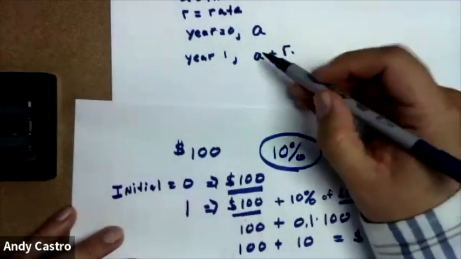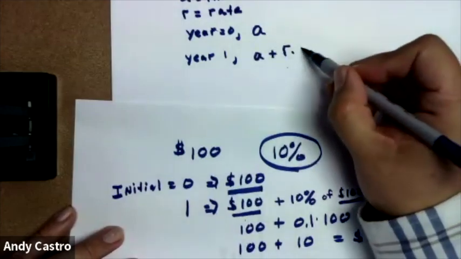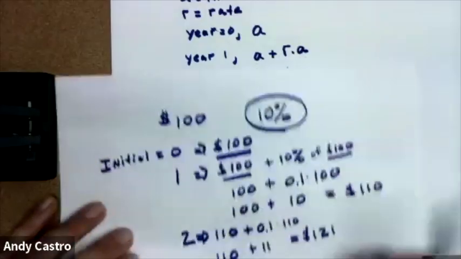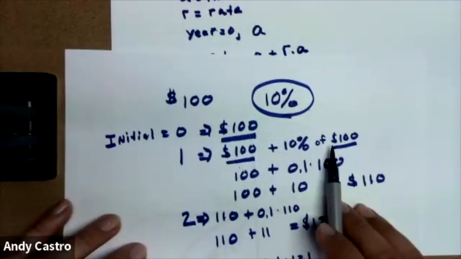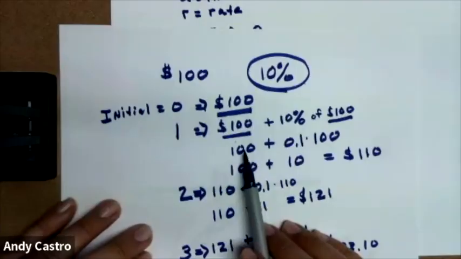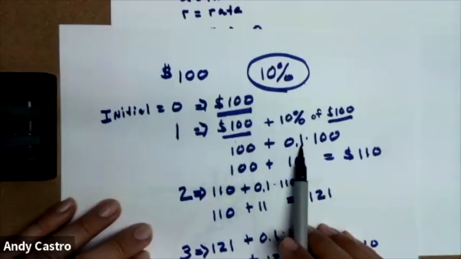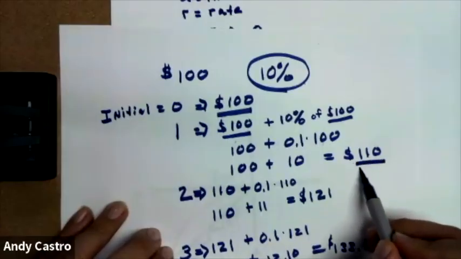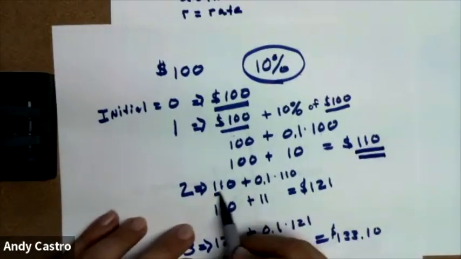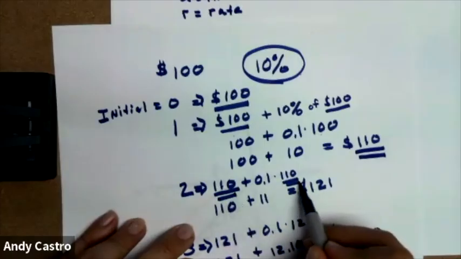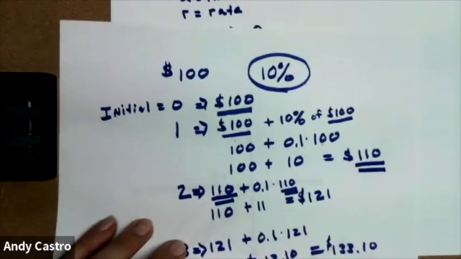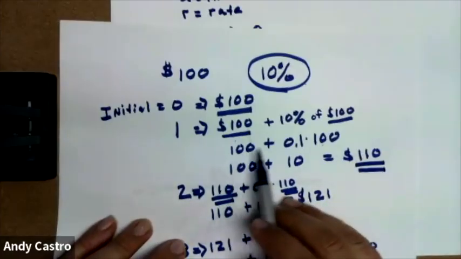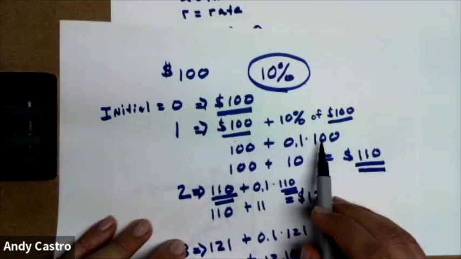So times whatever the amount is that I invested, which was that A. So if I do 100 plus 0.1 times 100, that gives me 110. This is the new amount at the beginning of year two. How did I get that? 100 plus 0.1 times 100.